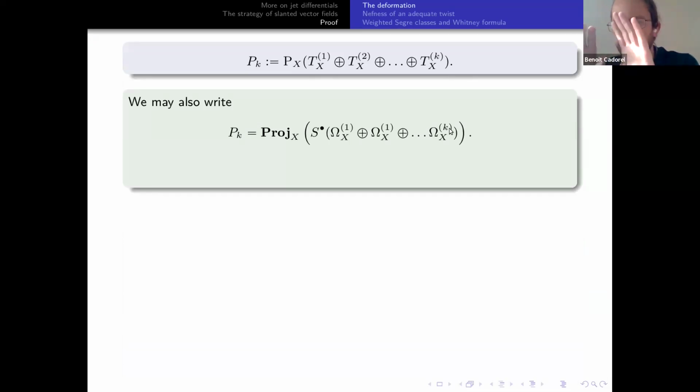So you put a copy in degree 1, another copy in degree 2, etc. until k. You take the symmetric algebra of that sum of copies, and if you projectivize this symmetric algebra, then you get this space. And as a Proj functor, you also have this tautological line bundle, O_{P_k}(1).